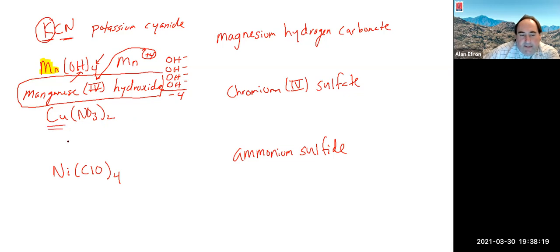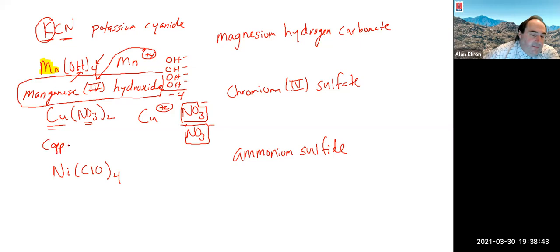Same thing here. We see copper, which is a type 2 transition metal. We might not know what the charge is, but we do know NO3 is nitrate, which has a -1 charge, and there are 2 of them. That gives us a -2, which means the copper must be +2.